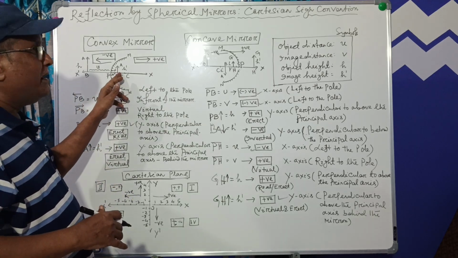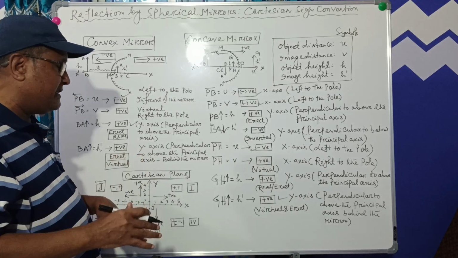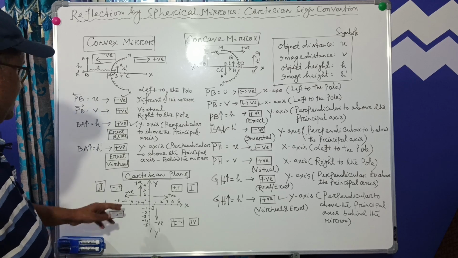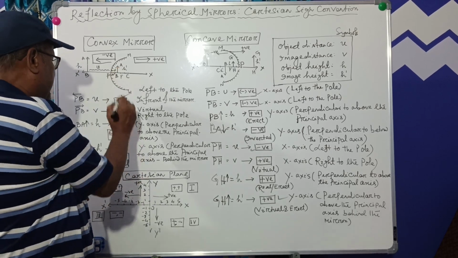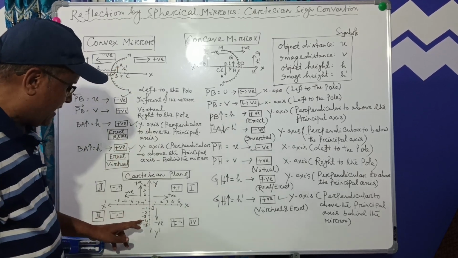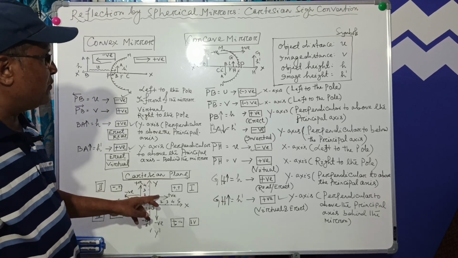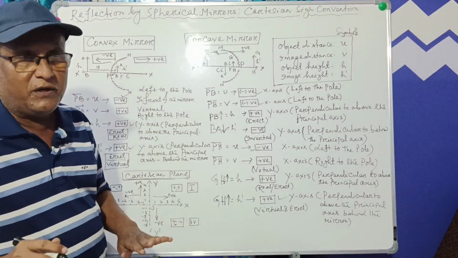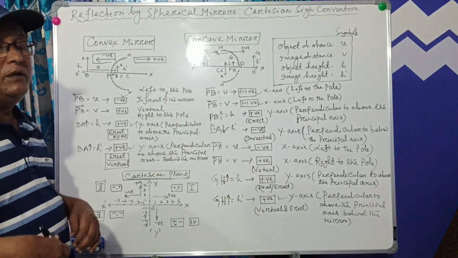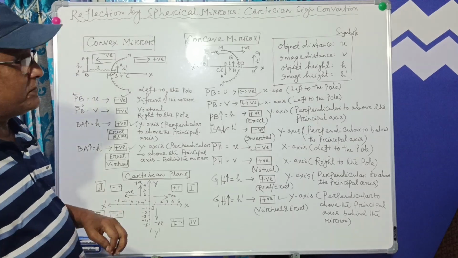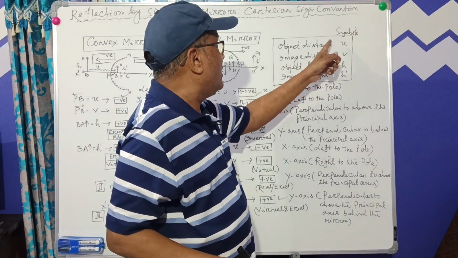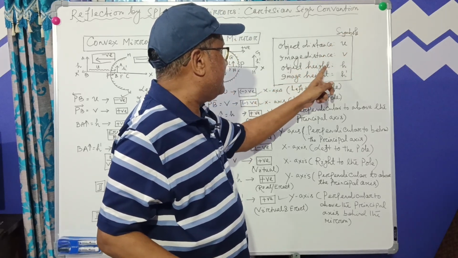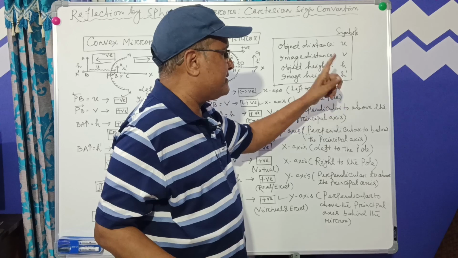So it is also perpendicular to the principal axis and above it. So this is also measured as positive as per this Cartesian rule. So please follow the Cartesian rules to use different signs, either plus or minus, for object distance denoted by u, image distance v, object height h, and image height h dash.